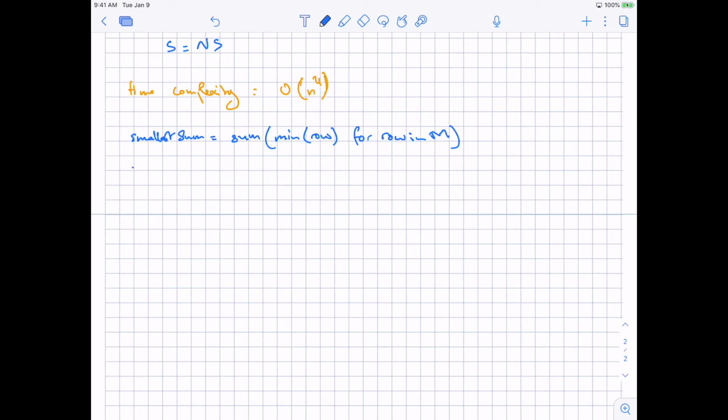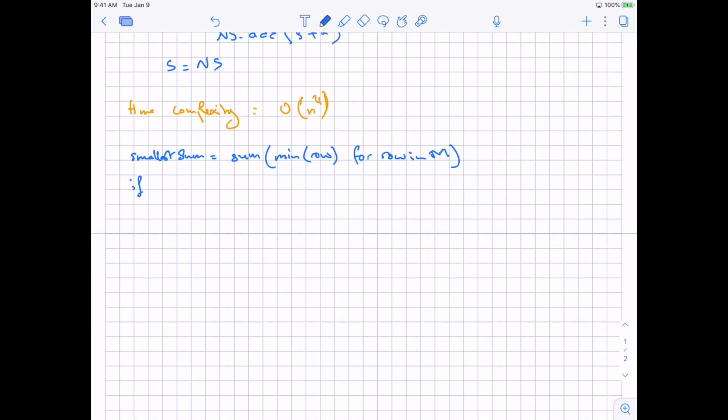And if the smallest sum is bigger than the target, what does this mean? That means that if we try other sums in the matrix, those will be larger than the smallest sum.